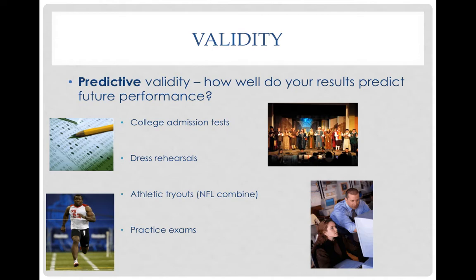So when you take your college admissions tests, those are only good insofar as they actually predict how well people do in college. And the correlation is about 0.5, which may not mean anything to you, but it means that about 25% of how people do can be explained by these college admissions tests. The other 75%, well, that's just other stuff.